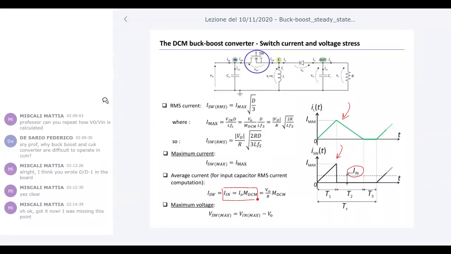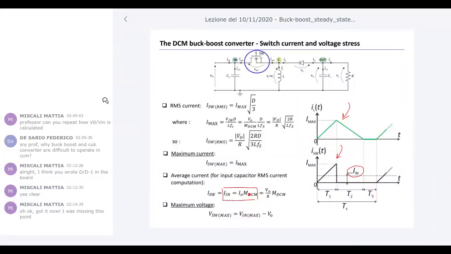Since the power at the input is the same as the power at the output, V in multiplied by I in is equal to V naught multiplied by I naught, then it follows that I in is the conversion ratio multiplied by I naught. So the same conversion ratio you have for the voltages, you also have for the currents, but in the opposite way.